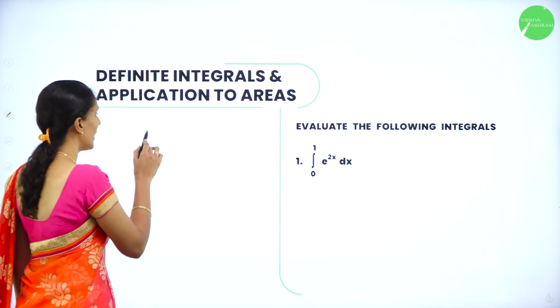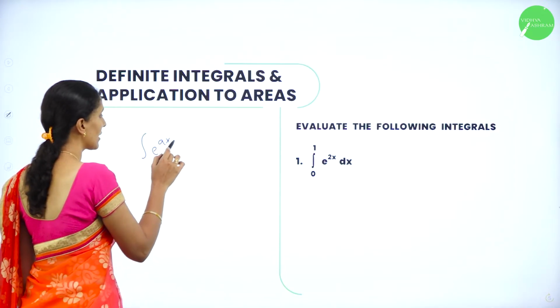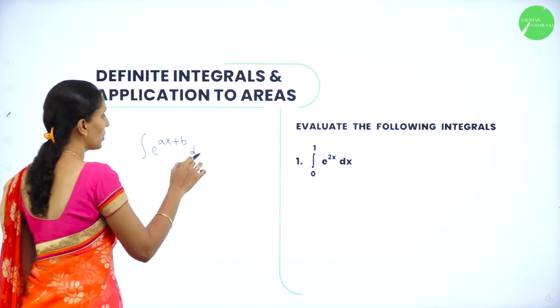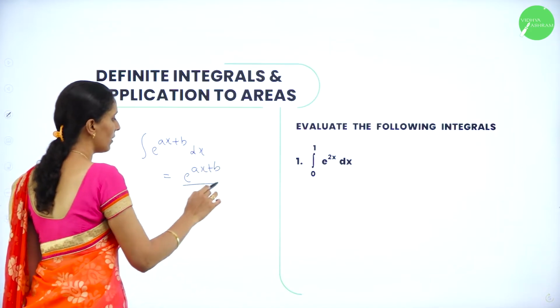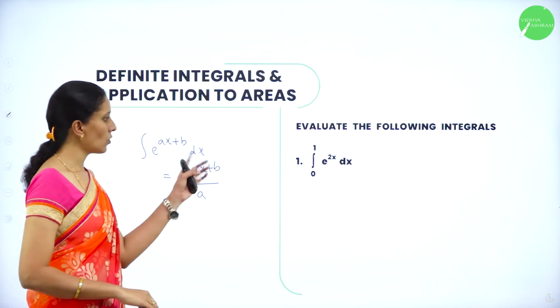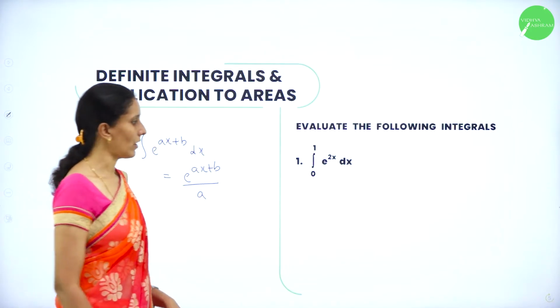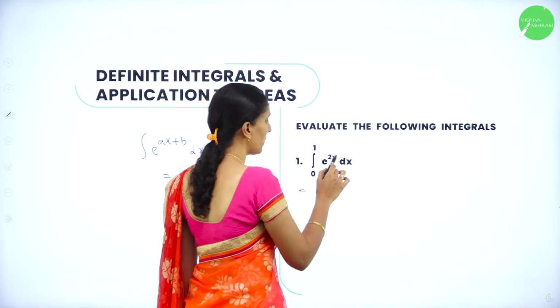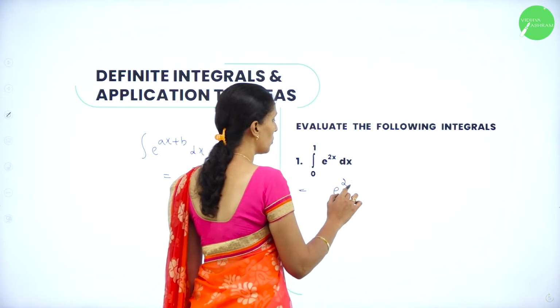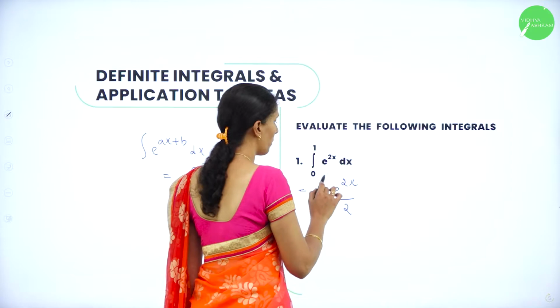So the integration of e power ax plus b with respect to dx is e power ax plus b divided by a. Here there is no b value, just write down the a value. So the integration of e power 2x is e power 2x divided by 2.